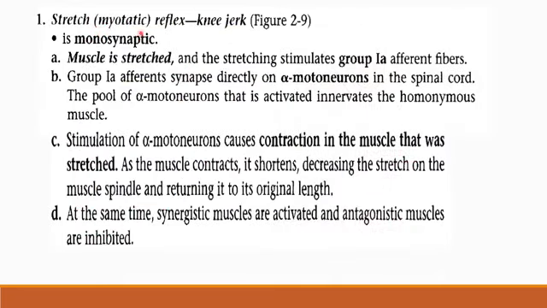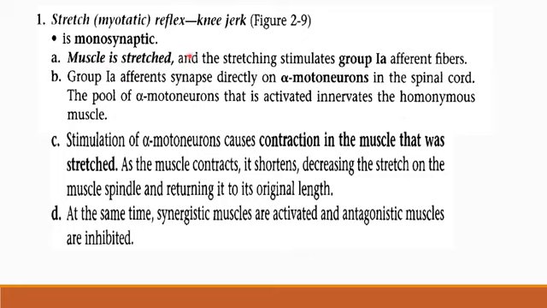So stretch or myotatic reflex is a monosynaptic reflex. If we consider the example of knee jerk, in knee jerk we will tap over the tendon below the patella, and the response produced is extension of the lower limb and contraction of quadriceps muscles.